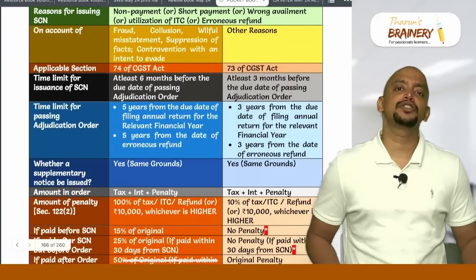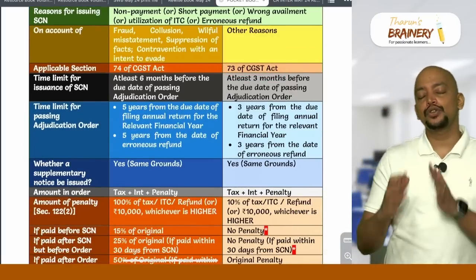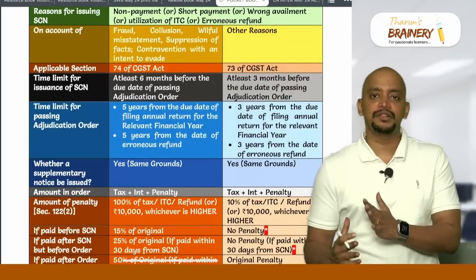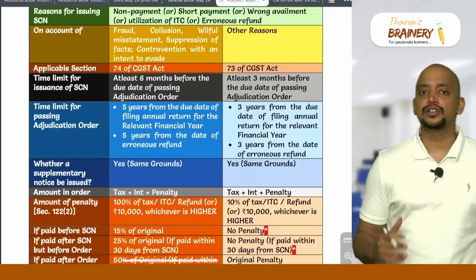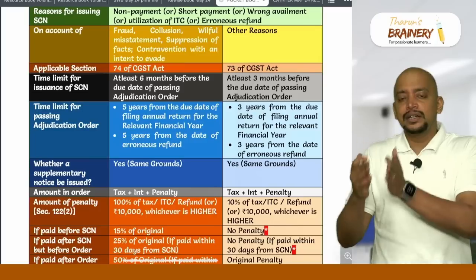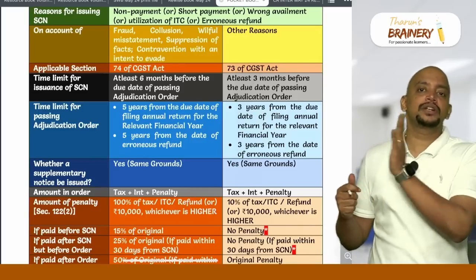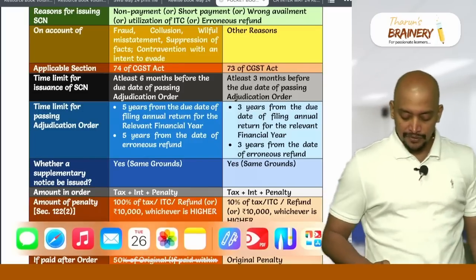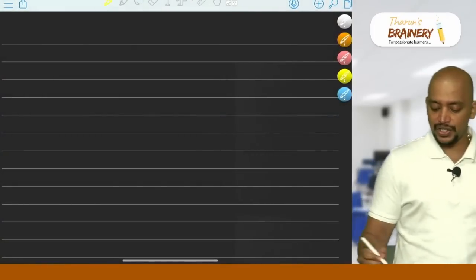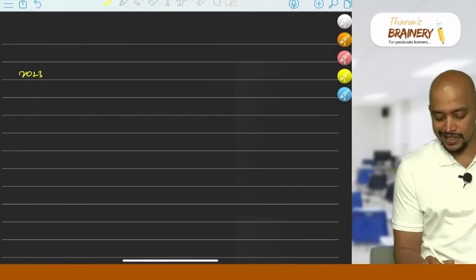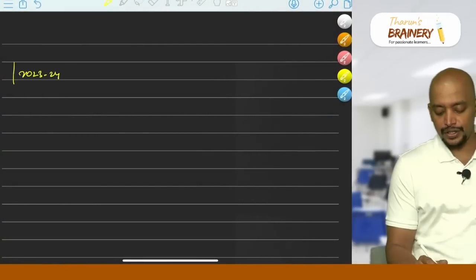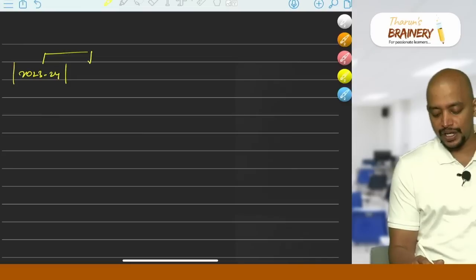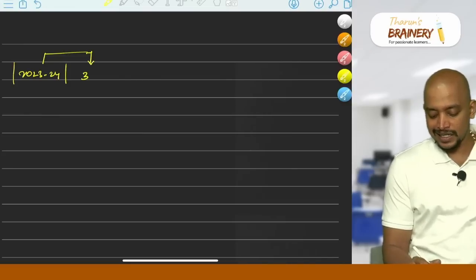What is the time limit for issuance of show cause notice? First, the order time limit we will see. In case of 73, the order should be passed within 3 years from the due date of furnishing the annual return for a particular financial year. For example, for the financial year 2023-24, the due date of filing the annual return is 31st December 2024.